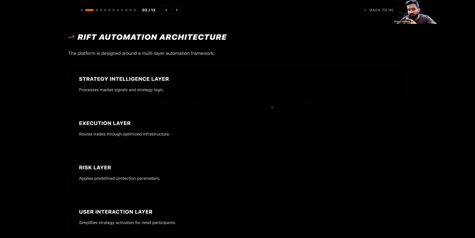Then there is the risk layer built over the execution layer, which applies predefined parameters. These parameters include your exit strategy and your price parameters on which the size should be selected. If you put, let's say, $10,000 in the auto trading engine, the risk layer will not trade with your $10,000 at once.